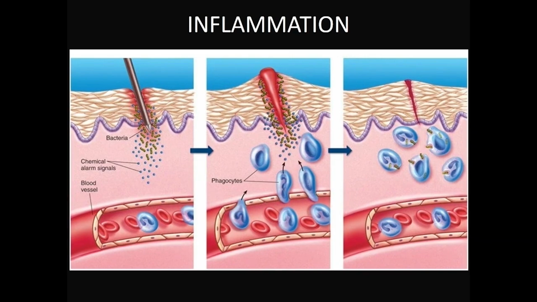So inflammation is something that your body has to do, because that's the only way that you heal from something, yeah? So something happens, you're damaged, then the chemical alarm signals get sent out, the white blood cells come, which they usually say is our immune system, and then they eat or kill the bacteria or the foreign invader, and then hopefully your body can heal, yeah?